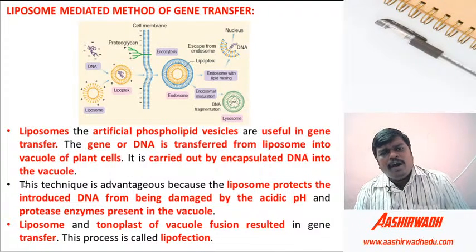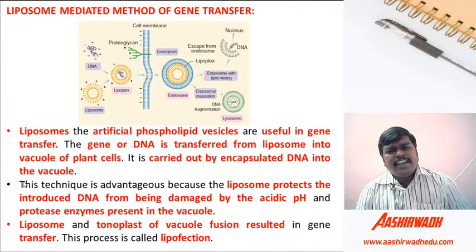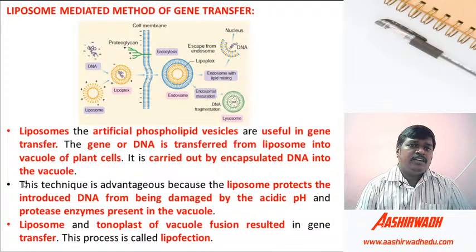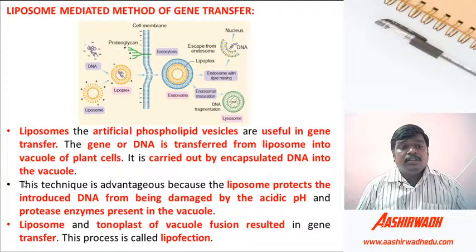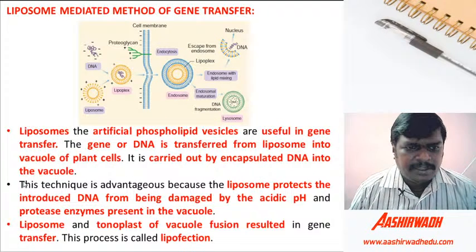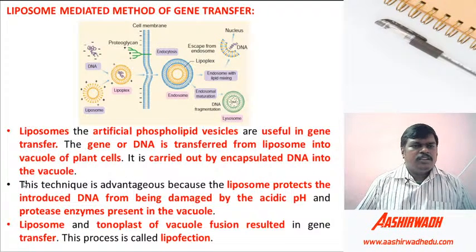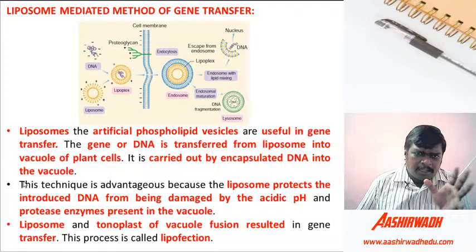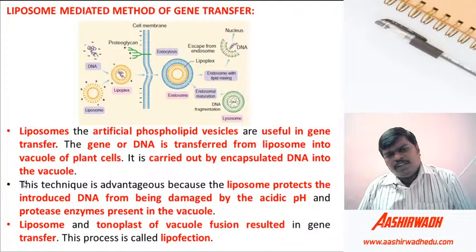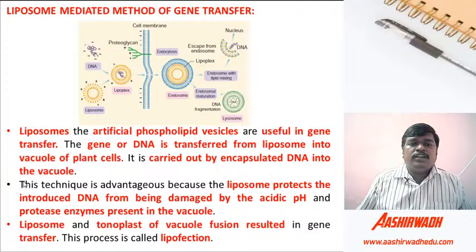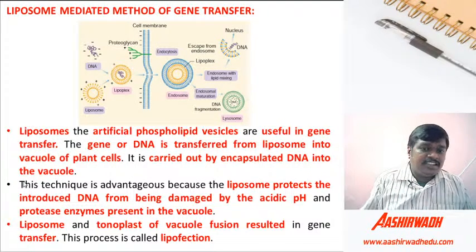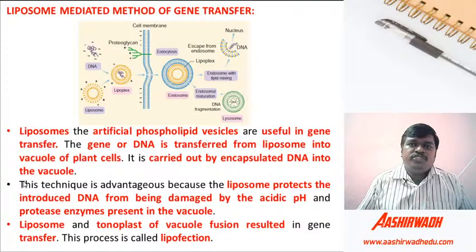In order to avoid that, the encapsulated DNA helps protect itself from the enzymes as well as acidic pH. The liposome, that is the phospholipid vesicle, and the tonoplast, the outermost layer of the vacuole, fuse. The fusion results in transfer of the genes, that is called the lipofection method of gene transfer.